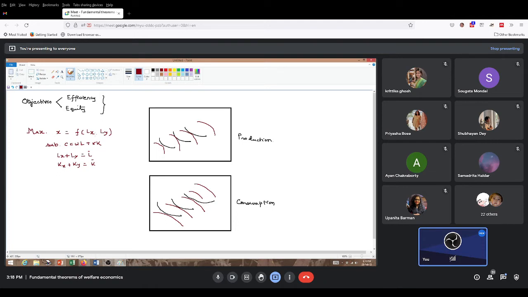Okay, this is X. In case of Y, Y equal to g of Ly, Ky. Sorry, I've written both of them, so this is wrong. This is Lx, so this will also be Kx. In case of Y, it is, right, and these two functions.